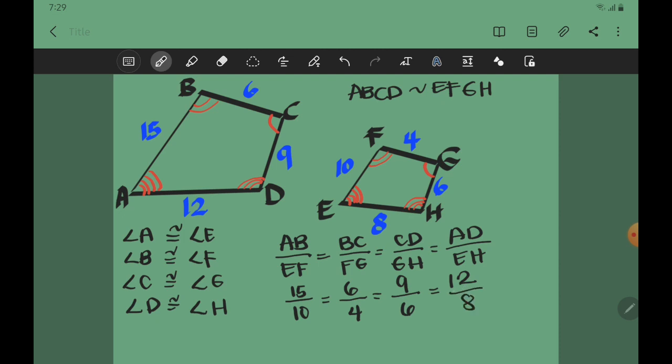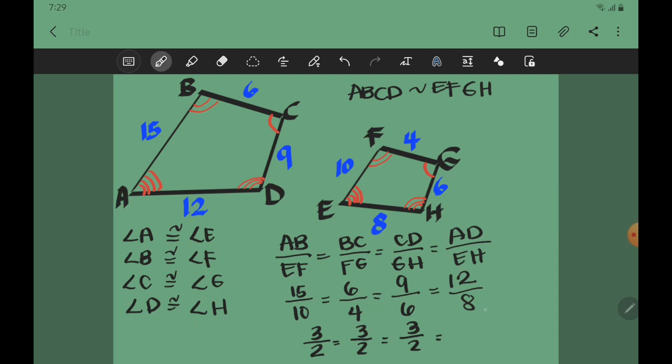So if we are going to get the lowest term of those 4 fractions, we are going to have the common ratio. So let us check. So 15/10, the lowest term of it is 3/2. Equals 6/4, that is also 3/2. And then 9/6, that is also 3/2.